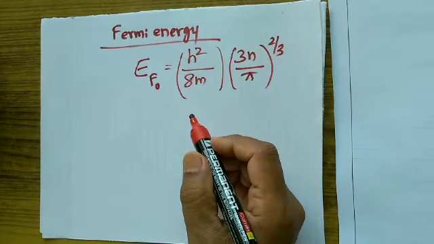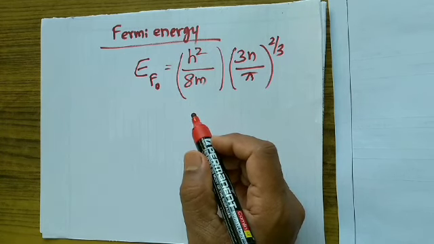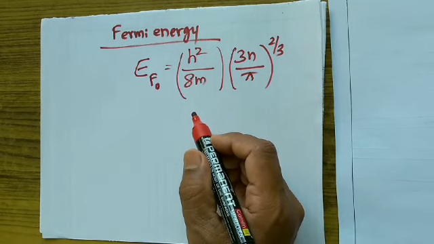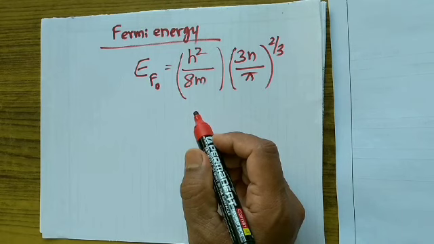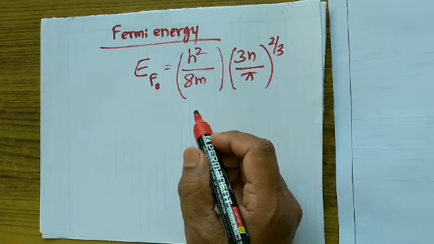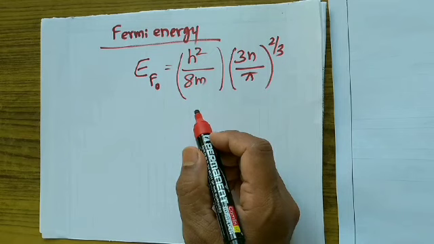Let me first define the Fermi energy. Fermi energy is the energy corresponding to highest occupied energy level of electrons at 0 degree absolute temperature. The highest occupied energy level of electrons is known as the Fermi level.